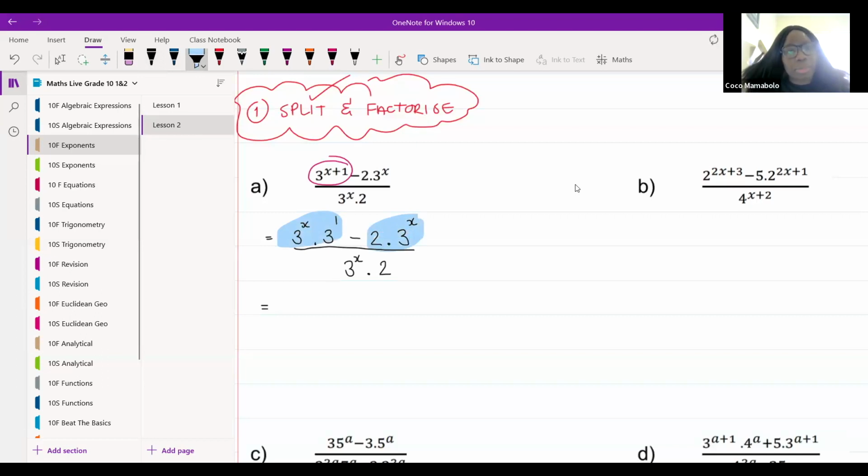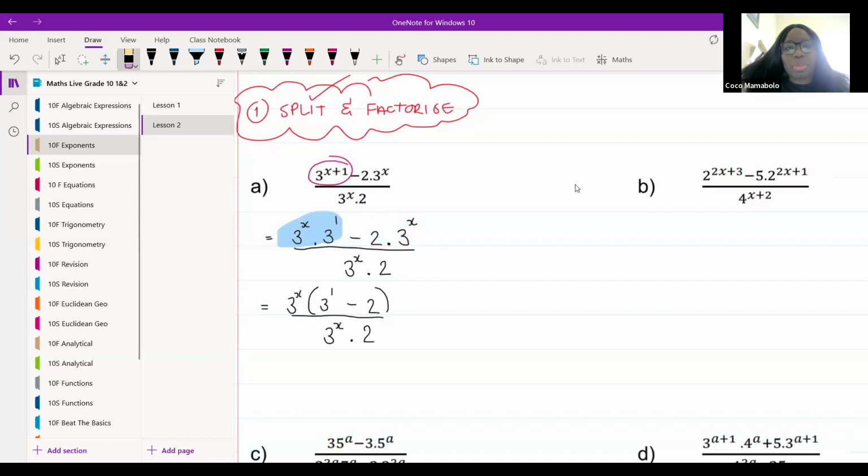So we're going to take 3 to the power of x out as a common factor. If I take that out, I'm going to have 3 to the power of 1 minus 2 left on the top over 3 to the power of x times 2.